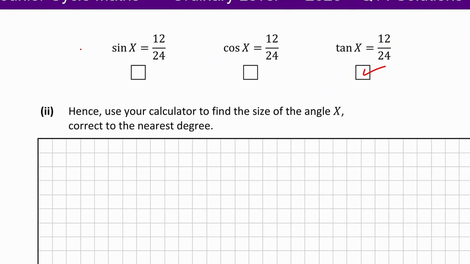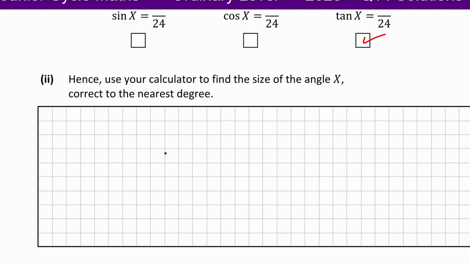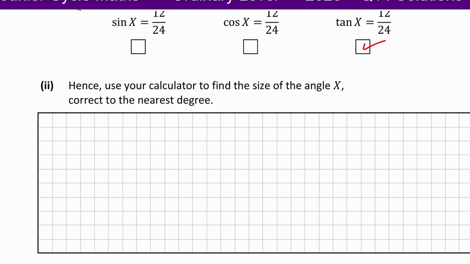In the second part, we need to use a calculator to find the size of the angle X, and correct the answer to the nearest degree. We know that tangent X equals 12 over 24.